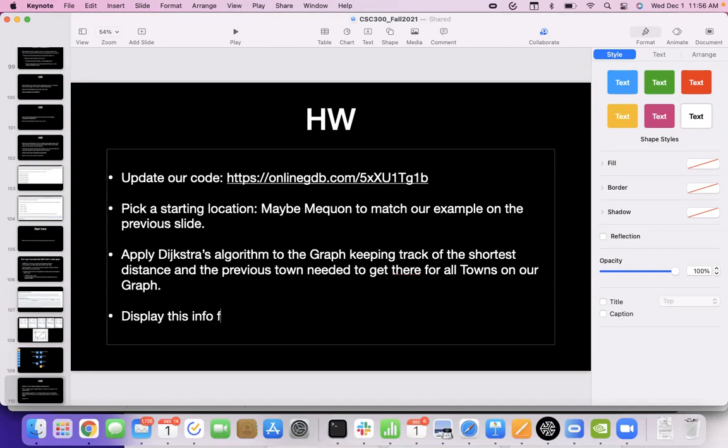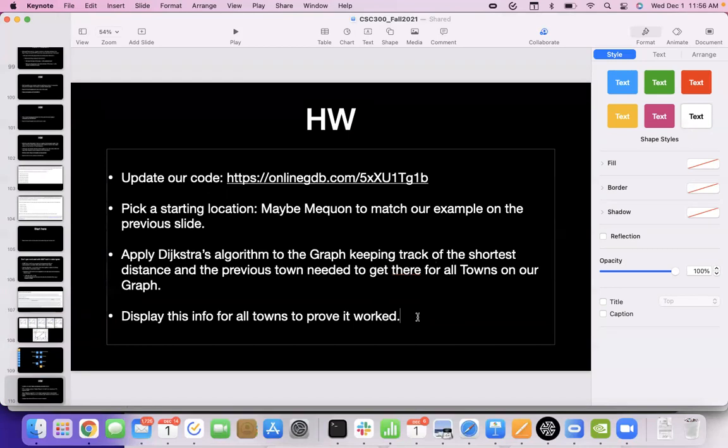Display this info for all towns to prove it worked. And since you have a town collection, you have a pretty convenient way of looping through all of your towns.